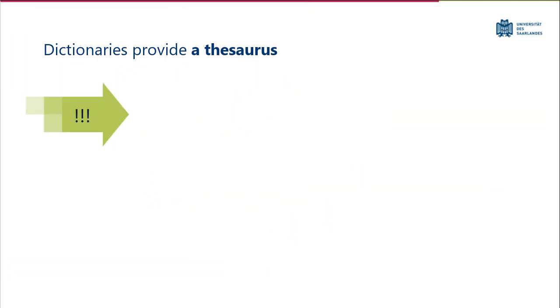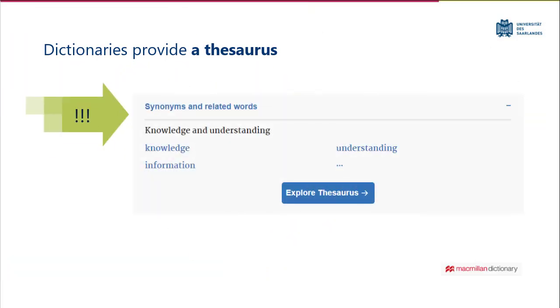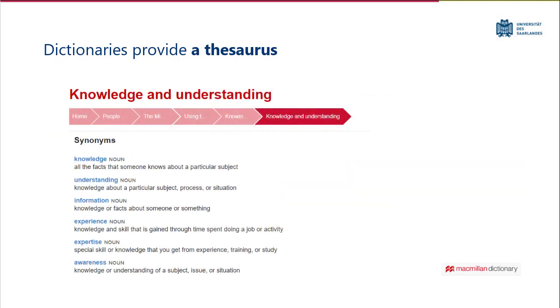This brings me to another interesting feature, the Thesaurus. A thesaurus is a book or a website that contains lists of words that have a similar meaning. Just be sure to note that those words are not all synonyms, but that's a topic for another time. Let's explore the thesaurus function of the Macmillan dictionary.